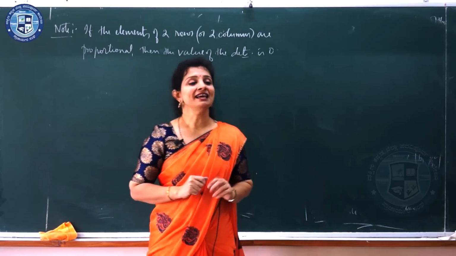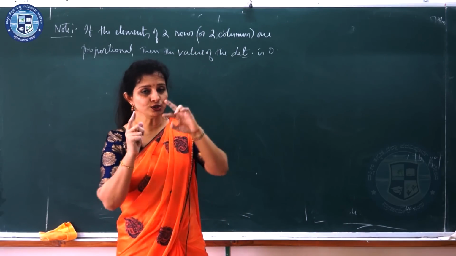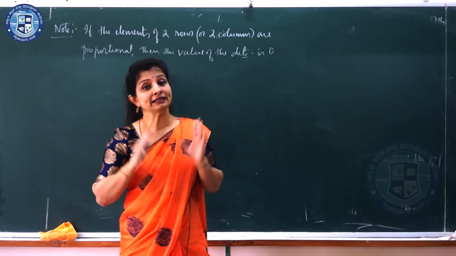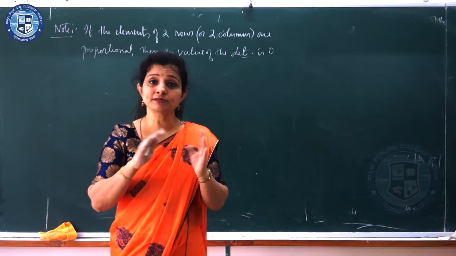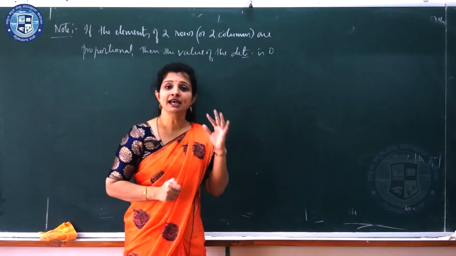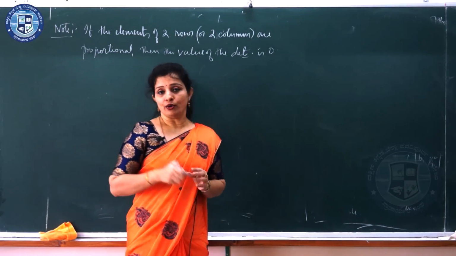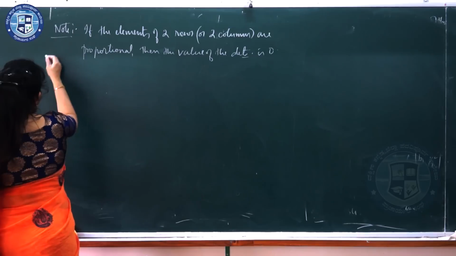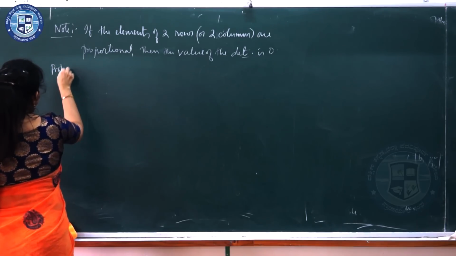That states, if two rows or two columns are added, or three rows or three columns are added or subtracted, then also the value of the determinant remains the same. So the statement is, note down, sixth property. Property 6.